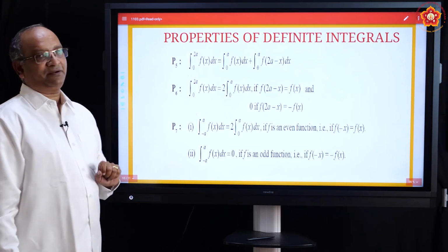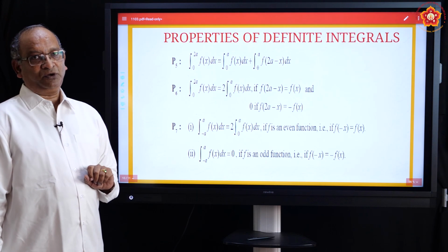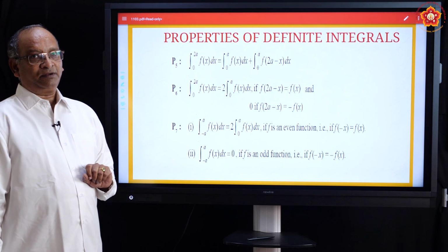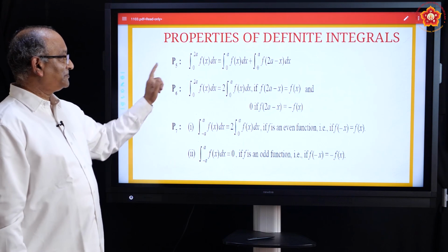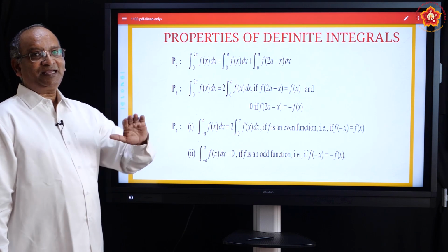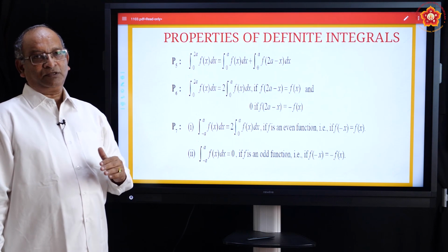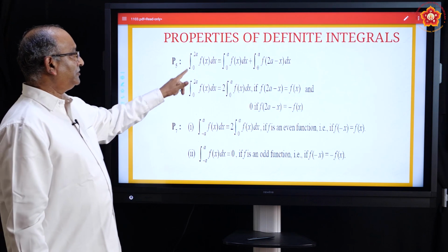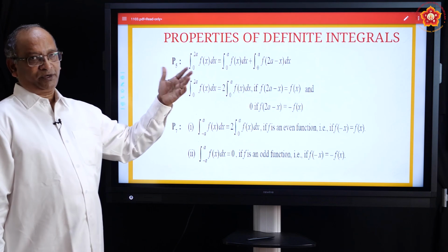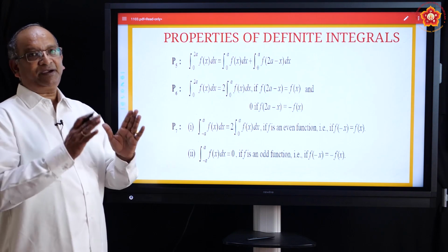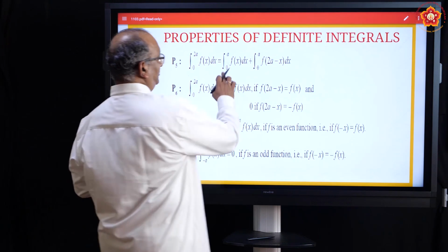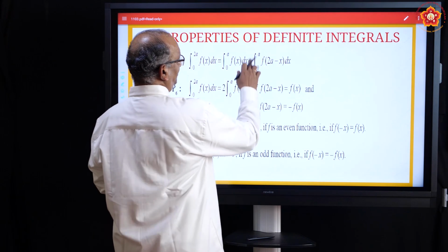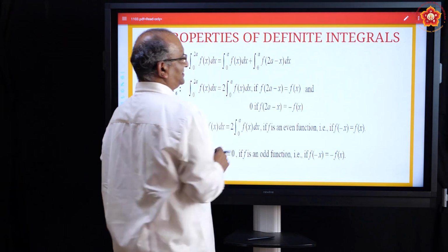We come to P5. We have 3 more to discuss. What is this particular formula? Something like 0 to 2π. So for 0 to 2a, it can be separated into 2: ∫ from 0 to a f(x) dx and ∫ from 0 to a f(2a−x) dx.